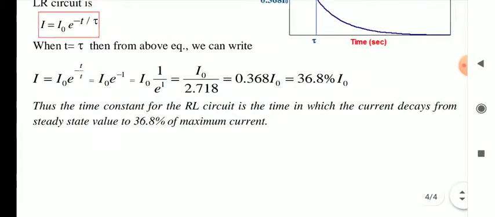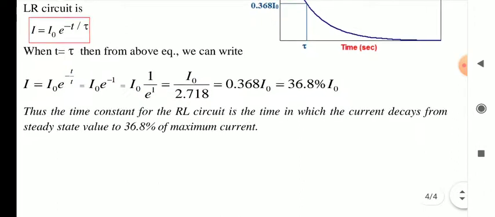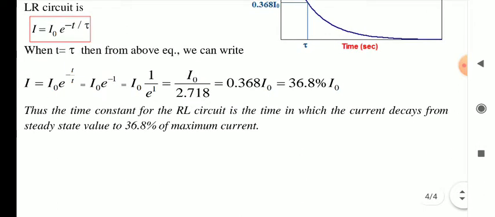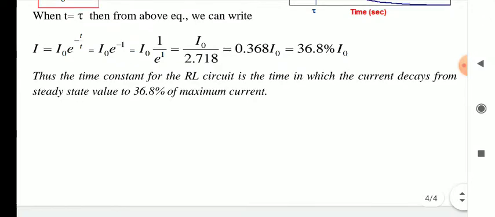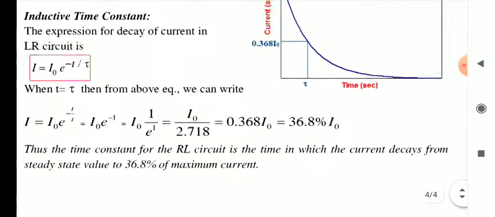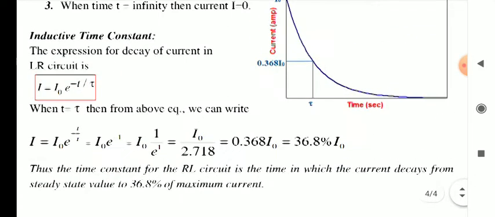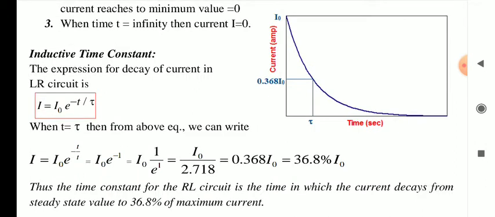Thus we can define the time constant in an RL circuit as the time in which the current decays from the steady state value to 36.8% of the maximum current. That is shown in the graph when you take the current along the y-axis and the time along the x-axis.